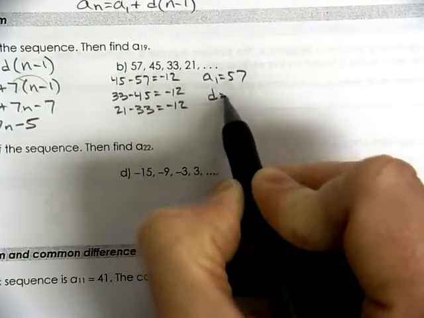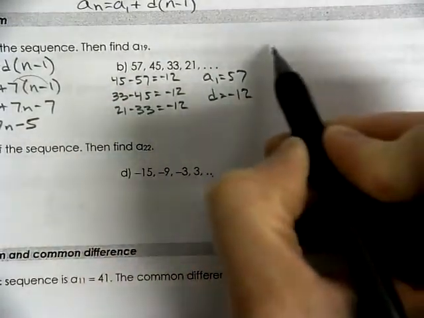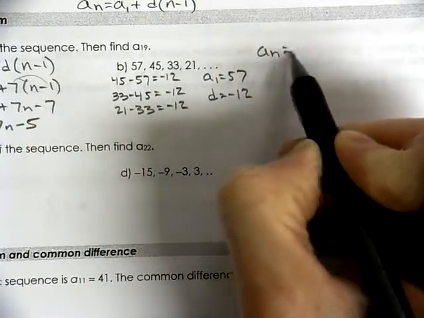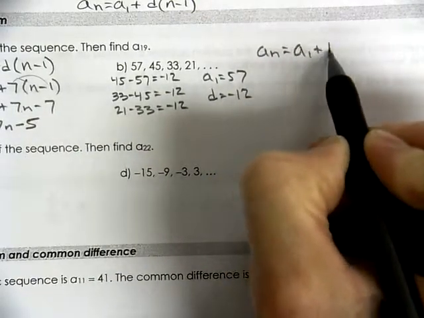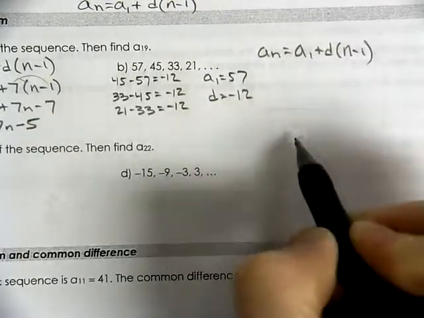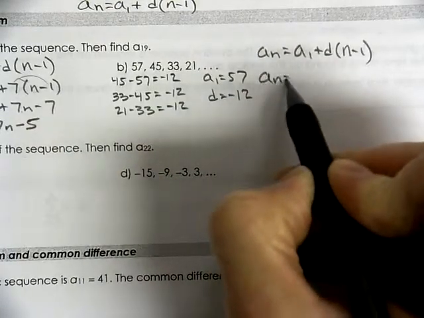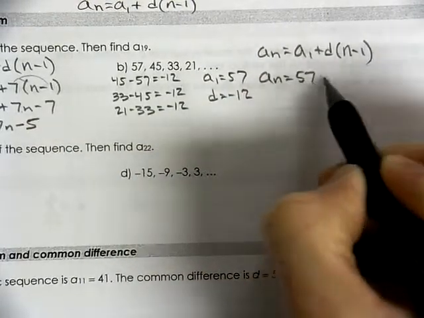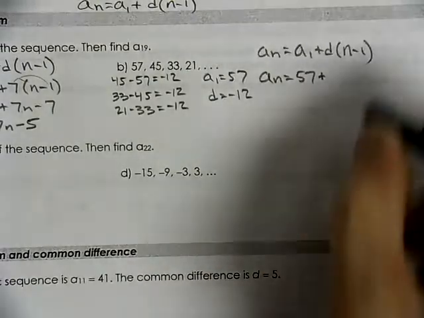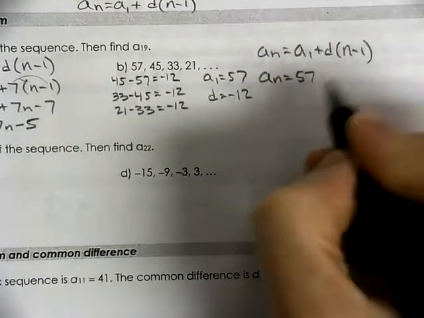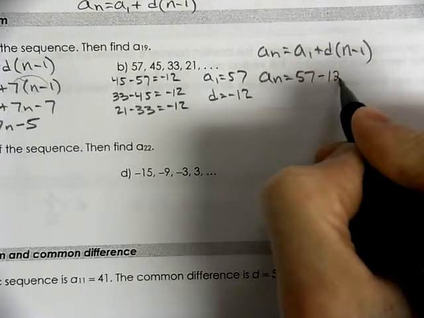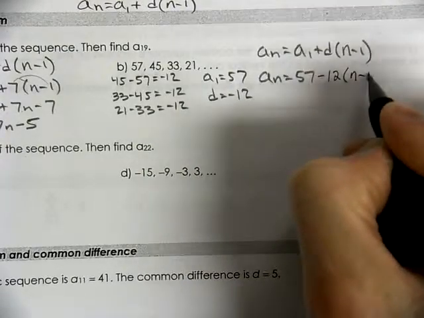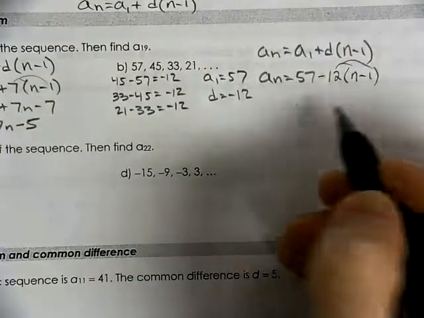Our common difference is negative 12. So we're going to start with our formula. We're going to plug in the values that we know. Our first term is 57. Our common difference, here we can say minus 12 times n minus 1. We're going to distribute that through.